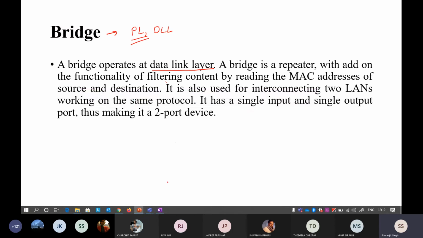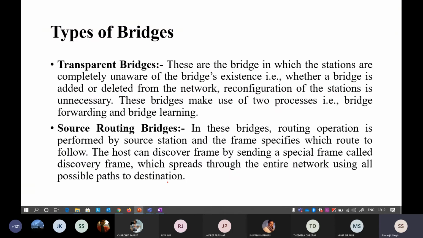These two variants are called transparent bridges and source routing bridges. This kind of bridge is also referred to as a dynamic bridge. It means that if any device is added or deleted, the bridge dynamically adds or deletes it from the table that it maintains.